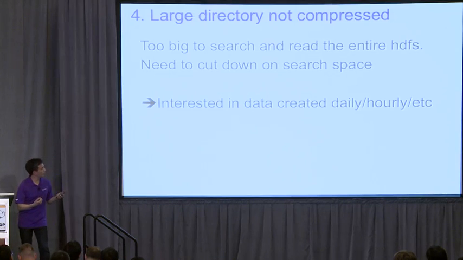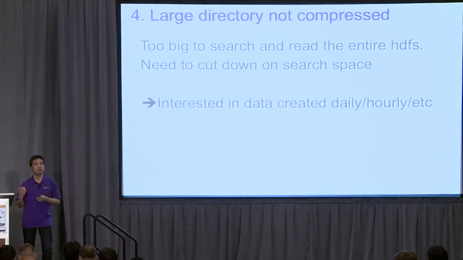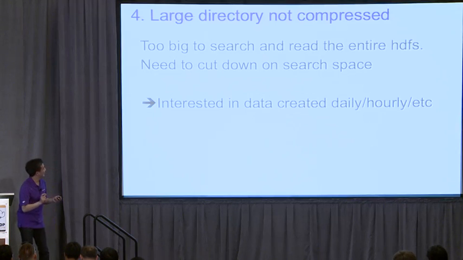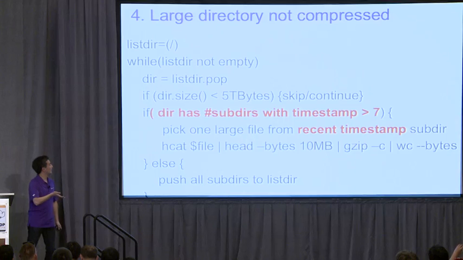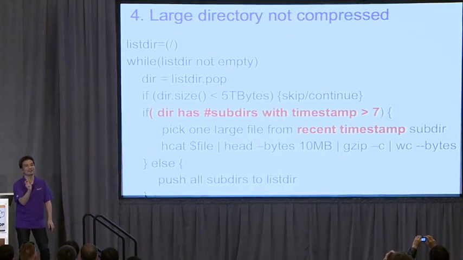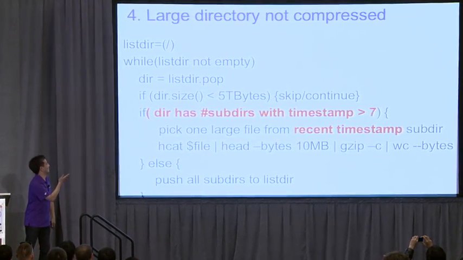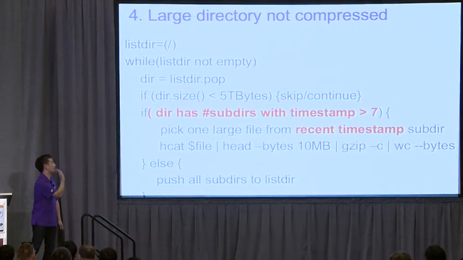So what I ended up doing was getting interested in any directory that is uploaded periodically, daily or hourly or something like that. If I look at the path, they tend to have numbers. So this is my CD script. I start from the root and look for any large directory that has some kind of numbers, with more than 6 or 7 digits, which is an arbitrary number.